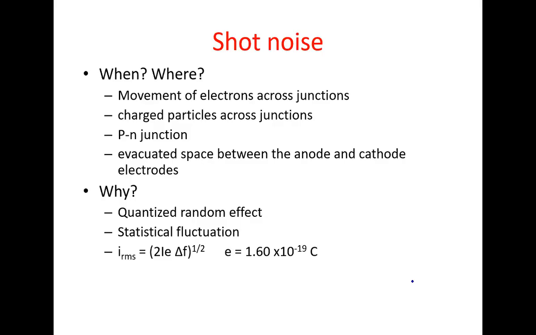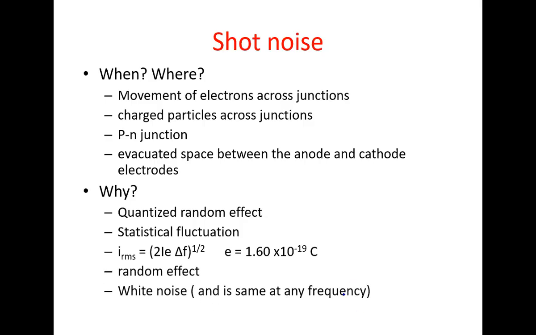So I, the root mean square current, is equal to the square root of 2 times I times e times delta f.